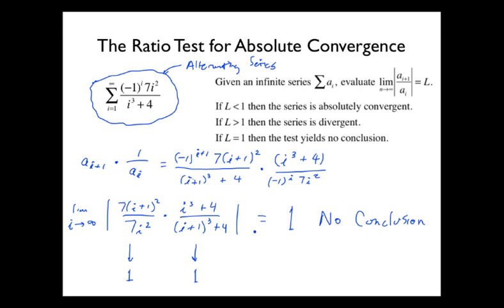So by the alternating series test, the sum converges, since b_i decreases to 0.